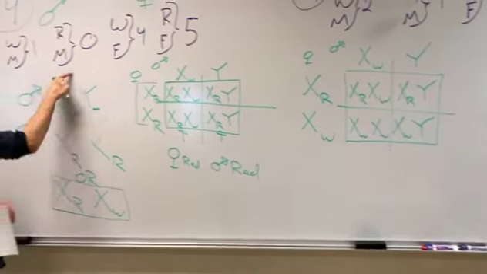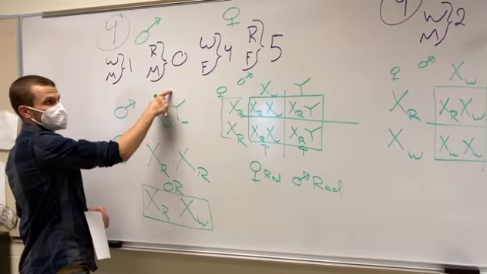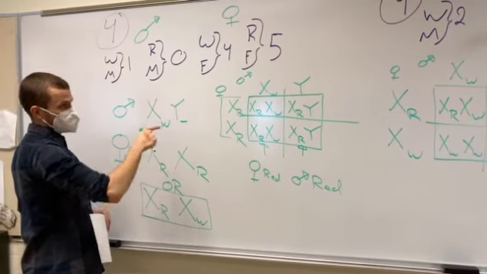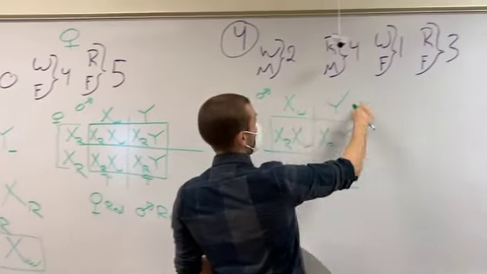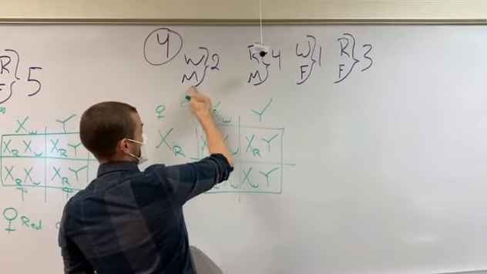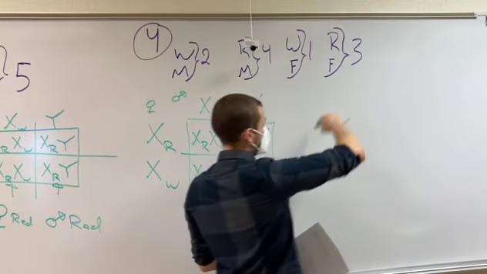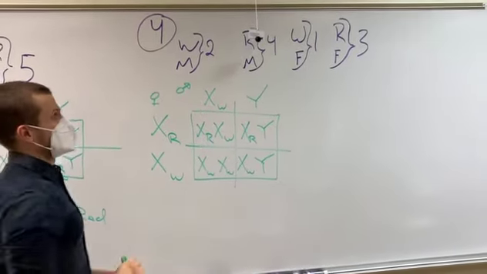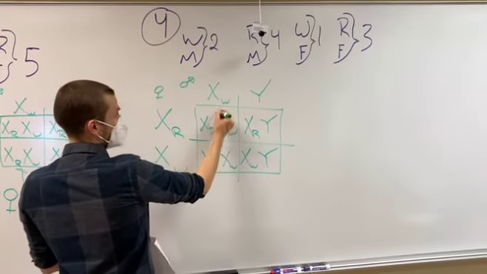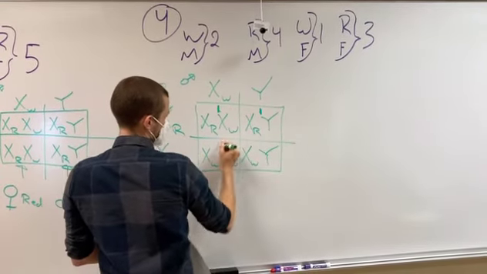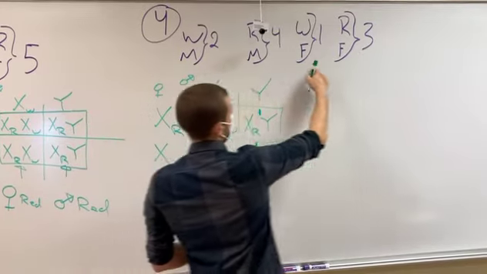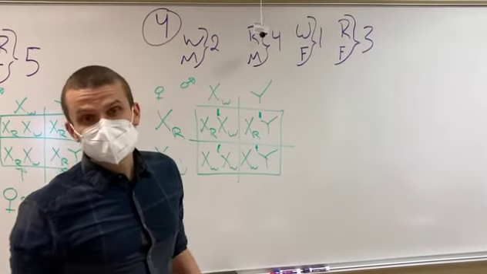Well, here I didn't get a lot of males, so that makes this a little bit more difficult. But here I did, right? I got both white males and red males, and white females and red females. Now, they're not perfectly in a ratio of 1 to 1 to 1 to 1, 2 to 4 to 1 to 3, but that's random chance for you.